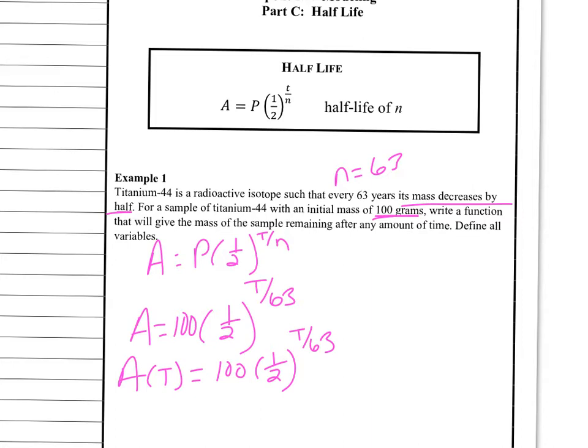Okay, so defining the variables. N is 63, that is your half-life. Defining all variables. And then we have P is your principal amount, so it's 100 initial.